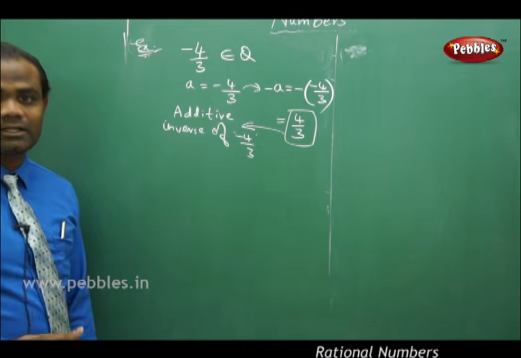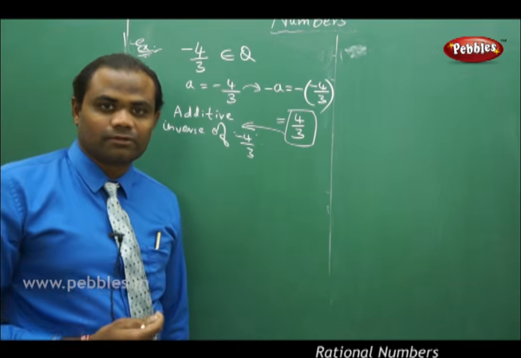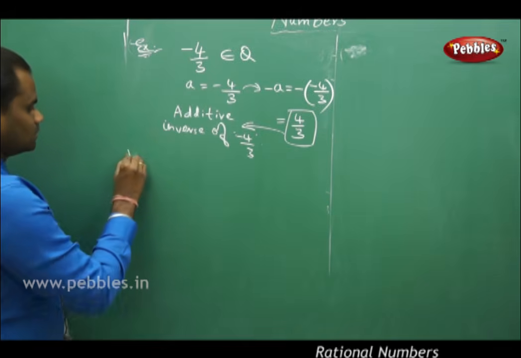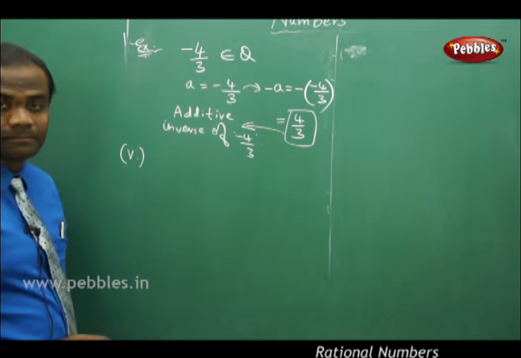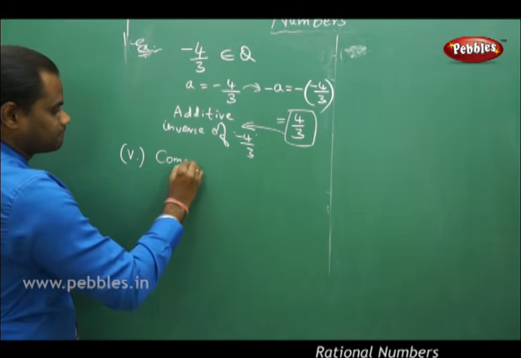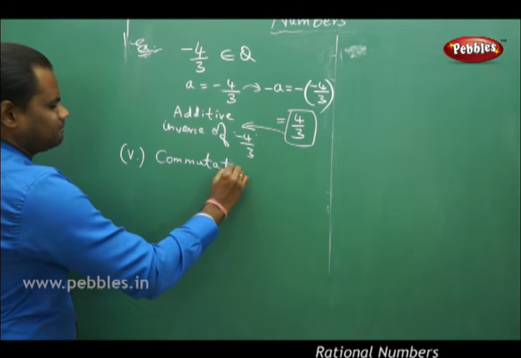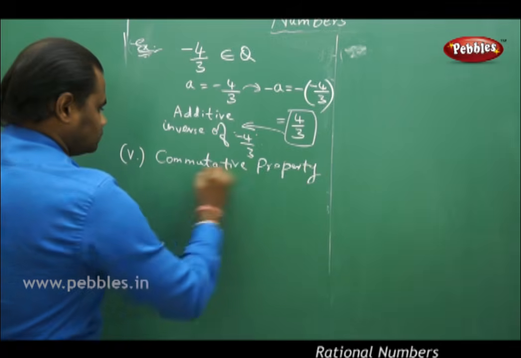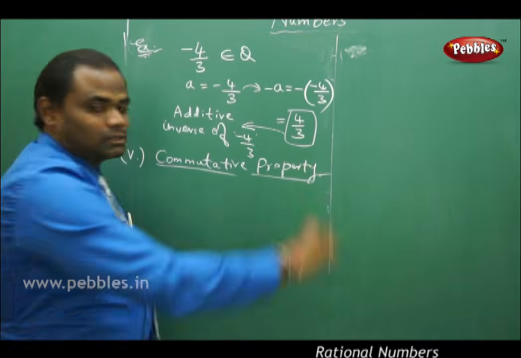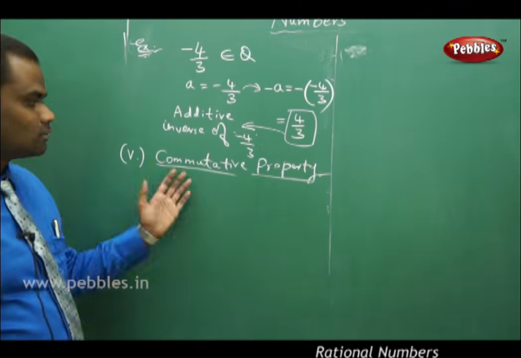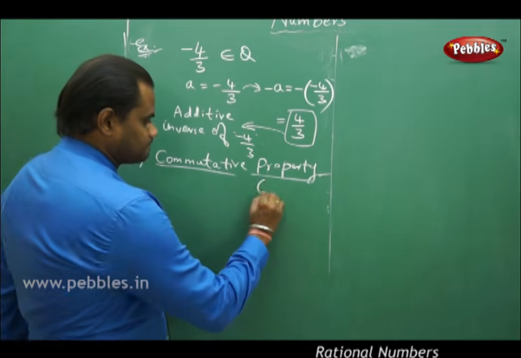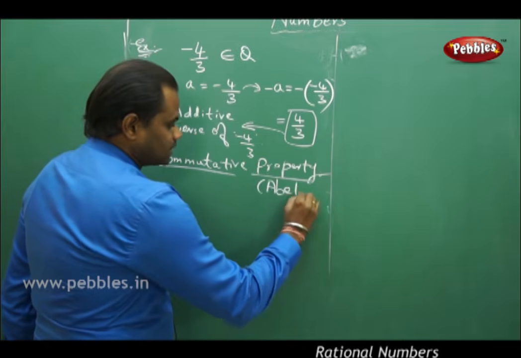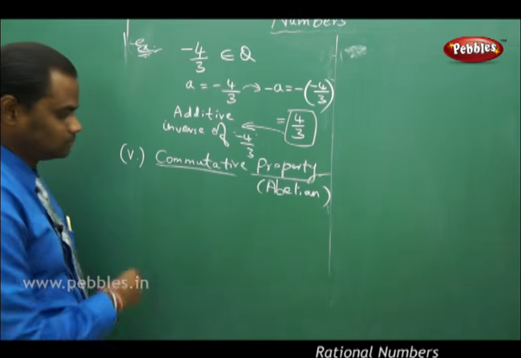Yes. Now the next and the last property which we identify in the set of rational numbers is the commutative property. The commutative property is also called the abelian property, and let's see what exactly it is.